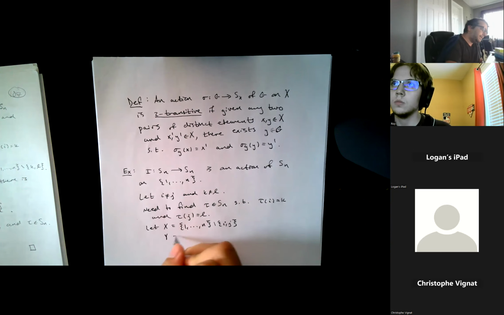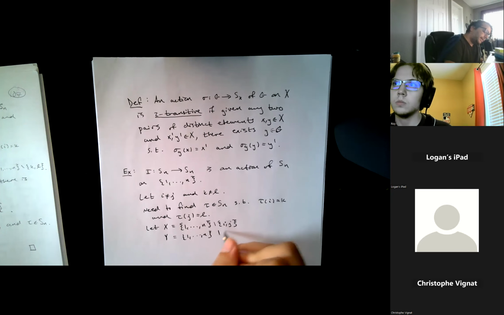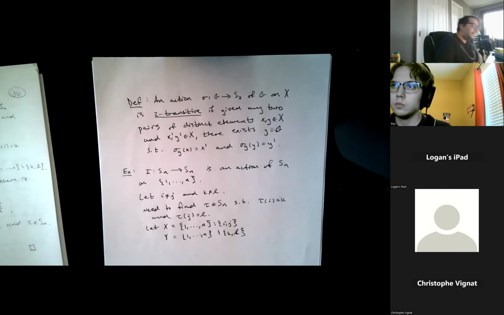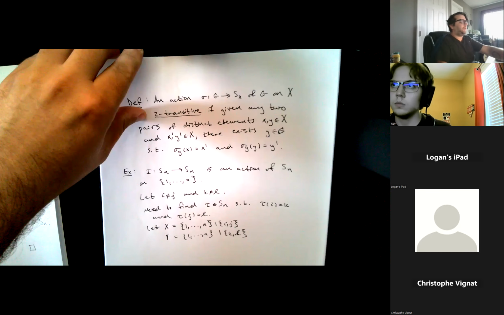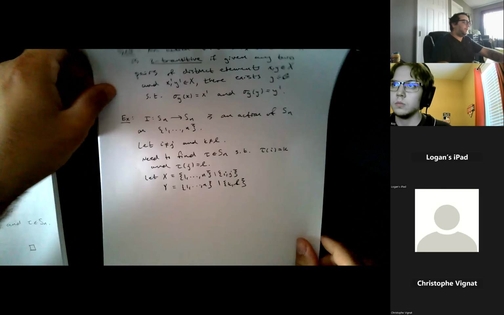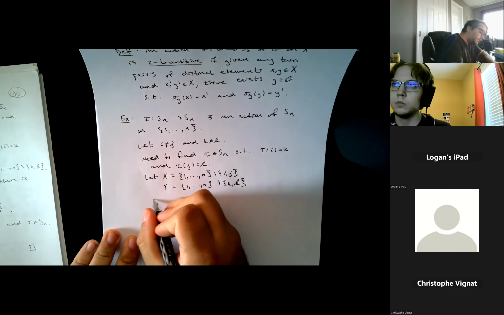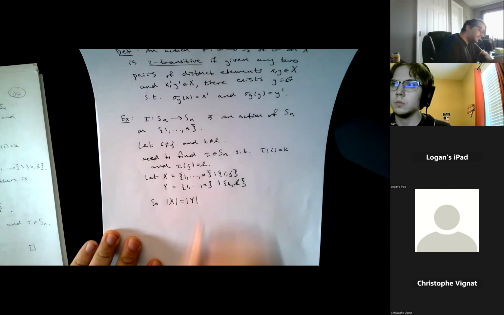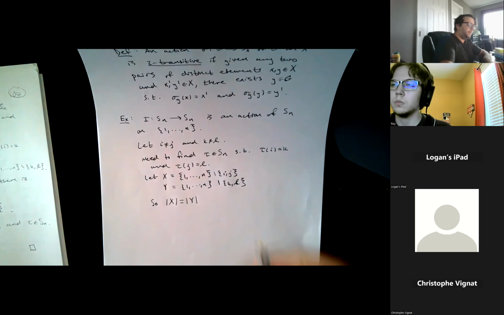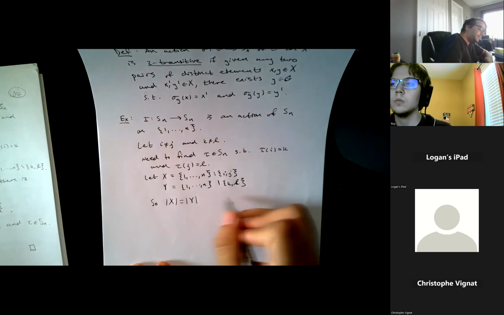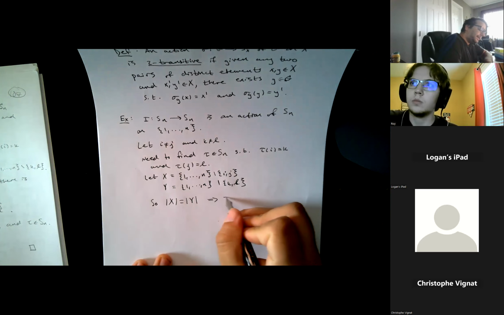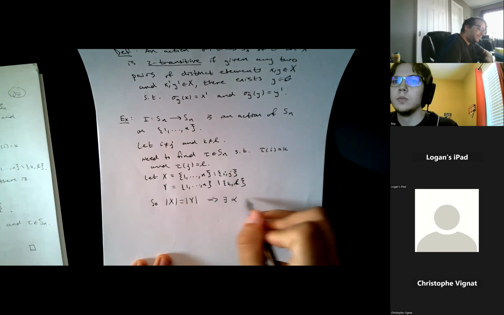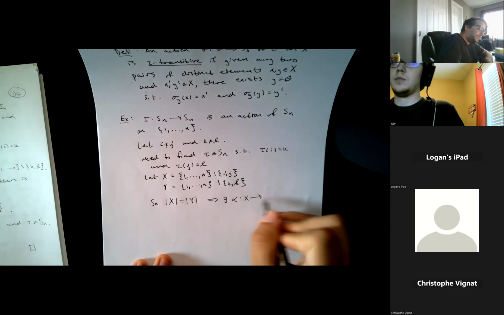And similarly, we can let Y be 1 through n minus KL. That way, the order of X is equal to the order of Y, or the cardinality, if you like. They have the same number of elements. And we showed in the very first lecture that this implies that there exists a bijection from X to Y.